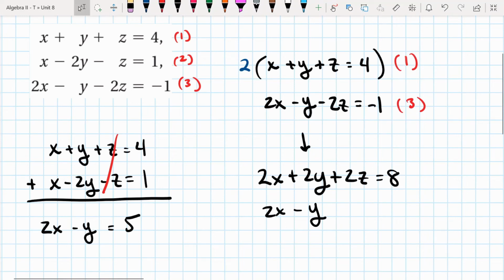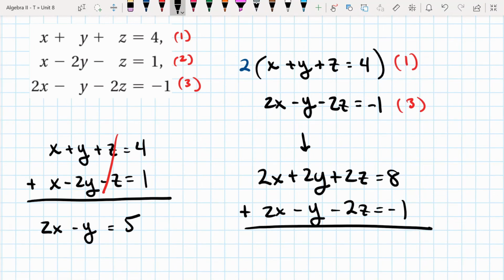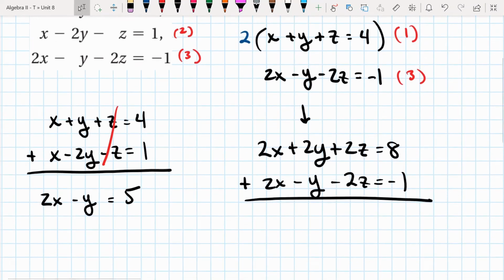And now we're going to add these together. Okay, 2x plus 2x, that's 4x. 2y minus y, that's plus y. And these z's will go away again. Equals 8 minus 1, 7.